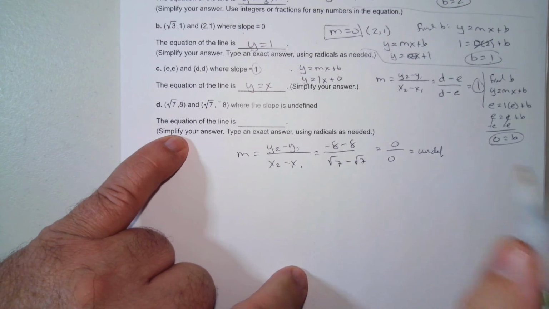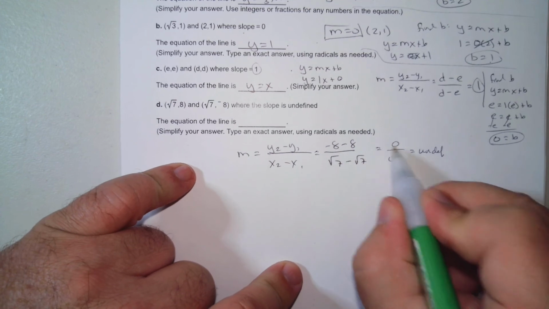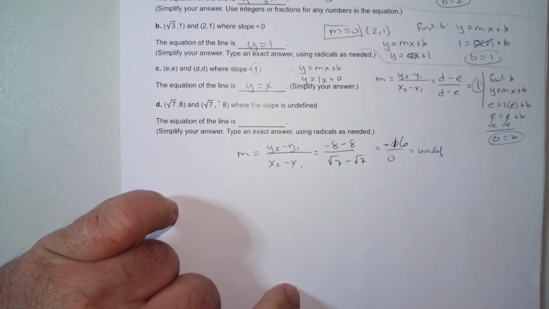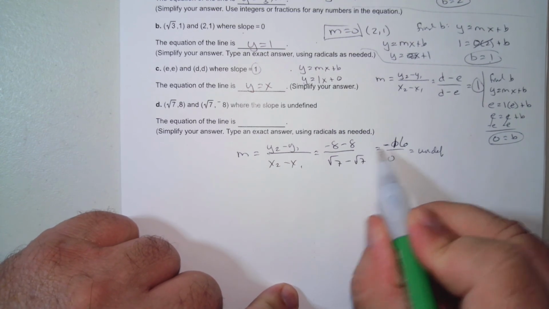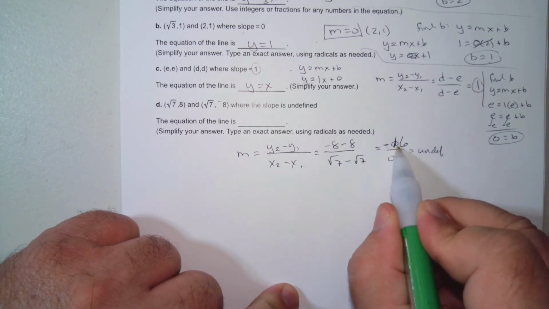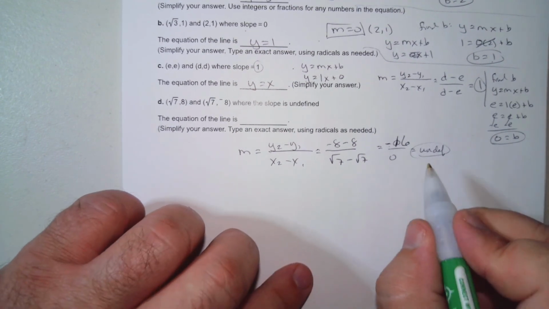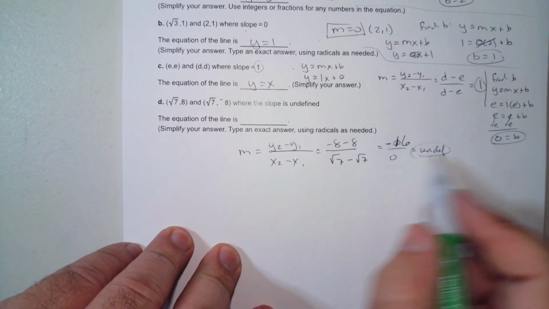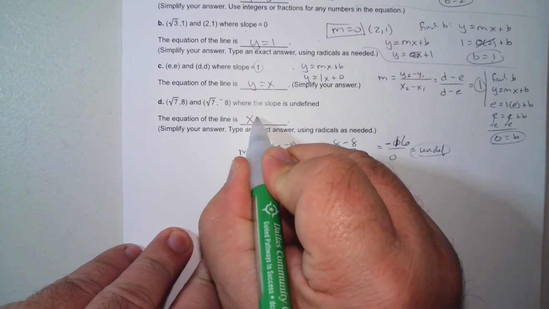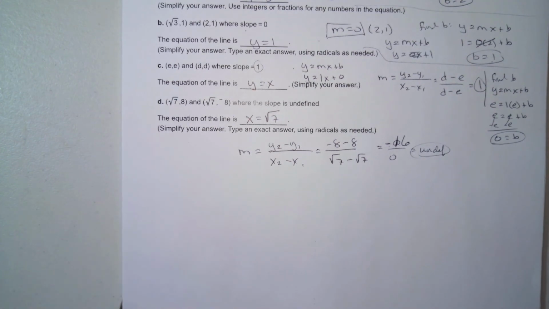Negative 8 minus 8 is negative 16. I'm sorry, I should indicate my screen. They're both negative, add the two numbers, over 0, so it's undefined. If it's undefined, that means we only have a vertical line. There is no y-intercept, so it's x equals the x value. The x values are both radical 7, and there's our answer.